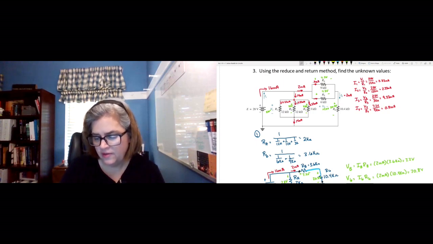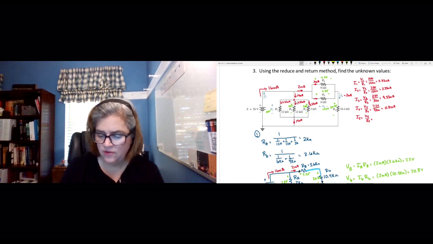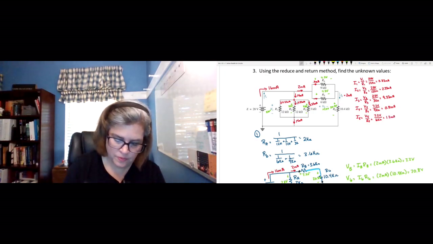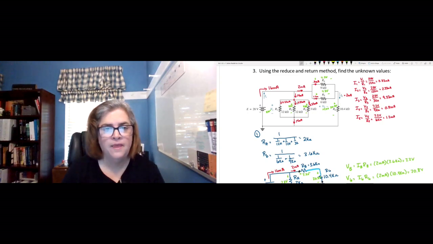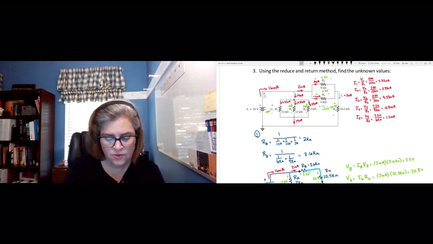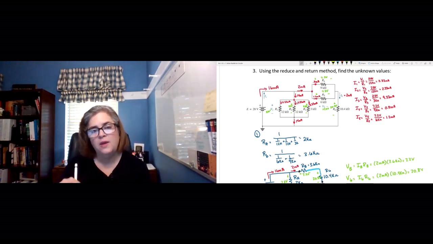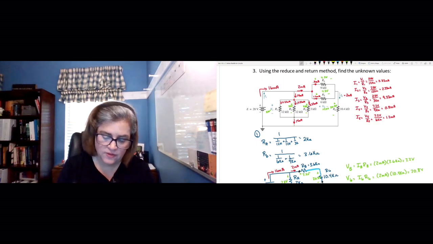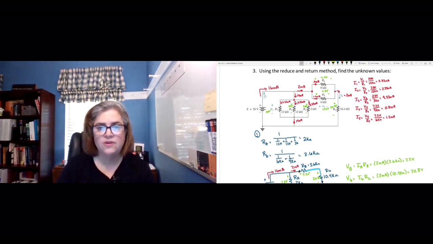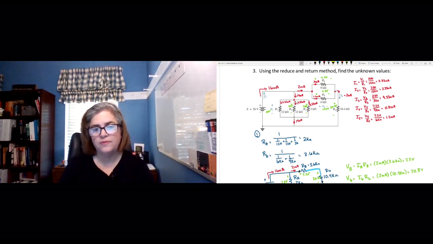And then I5 is V5 over R5, or that same 7.2 volts, but this time across a 6K ohm resistor. So that would be 1.2 milliamps. So again, looking here at our node, we've got 2 milliamps coming in, 0.8 milliamps going through R4, and 1.2 through R5. So that adds up to 2, which makes sense. Comes back together again over here to be my 2 milliamps.